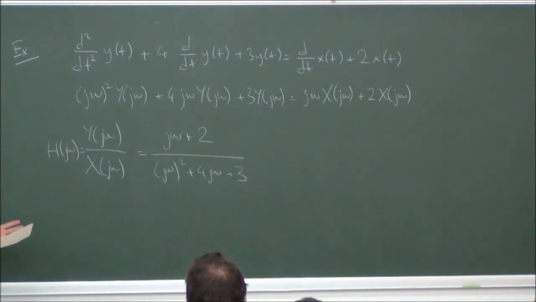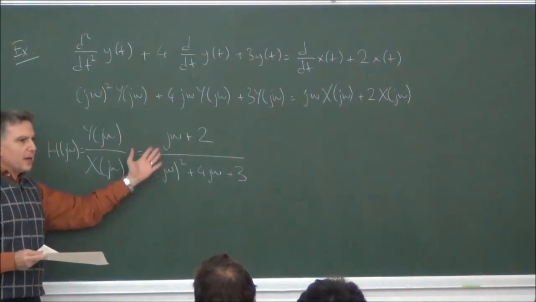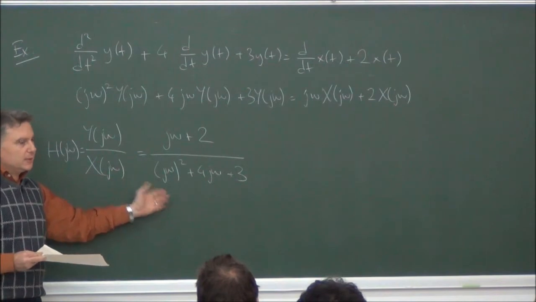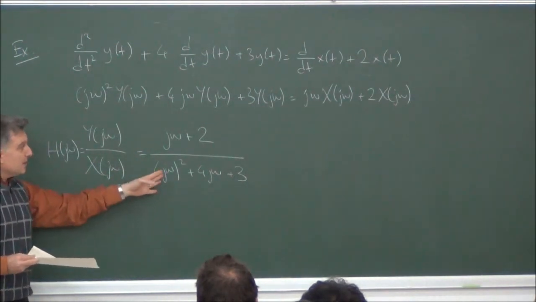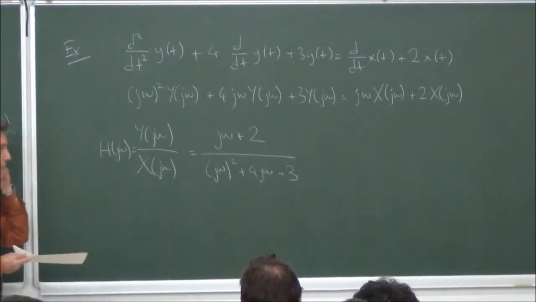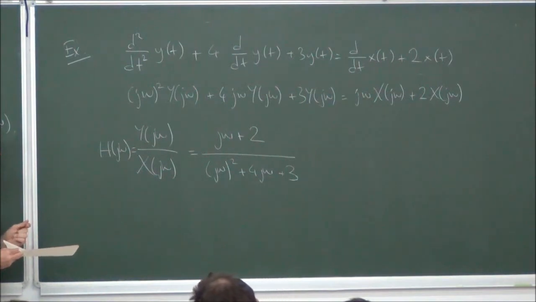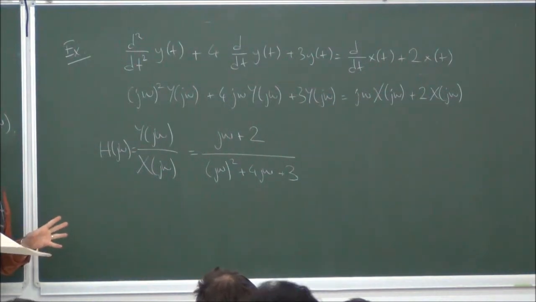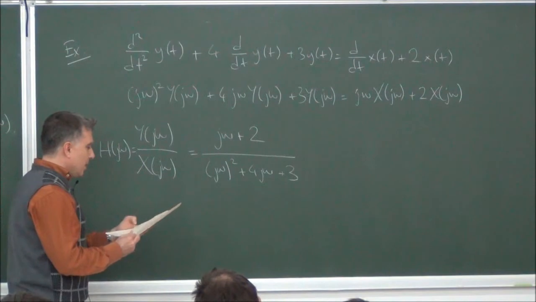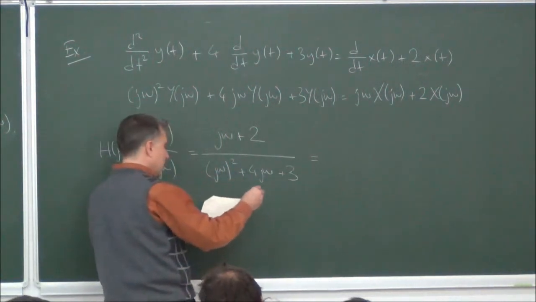And now the question is, what is this? And how can we invert this? Usually there are polynomials of jω in the numerator and in the denominator. If it is like this, higher than first order in the denominator, what you really need to do is find the first-order roots of these things. Well, I'm going to write down the answer first, and then we will elaborate on that.